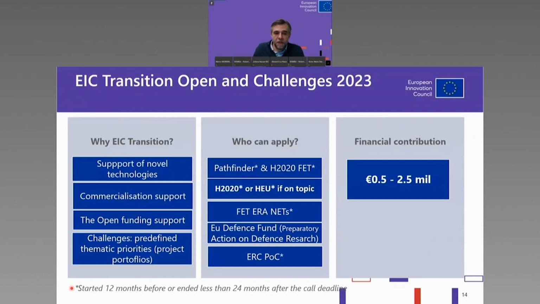But also be careful that if the project is too old, and it's defined in the work program as 24 months, so if your project finished more than 24 months before the deadline for transition submission, then it cannot be submitted. It's considered too far back in history. So it has to be within that sweet spot.